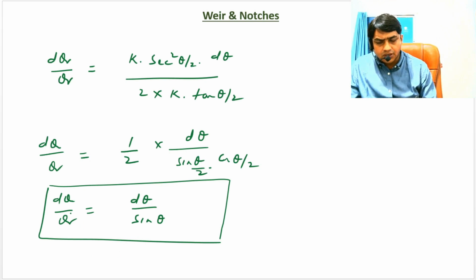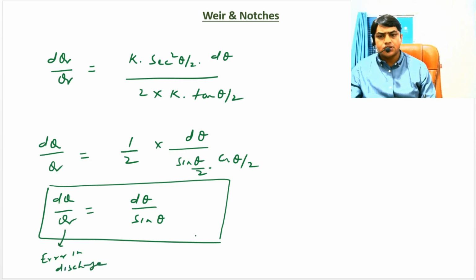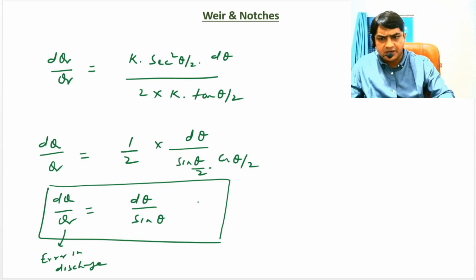So dq by q is the error in discharge, and d theta is the error in angle of measurement.